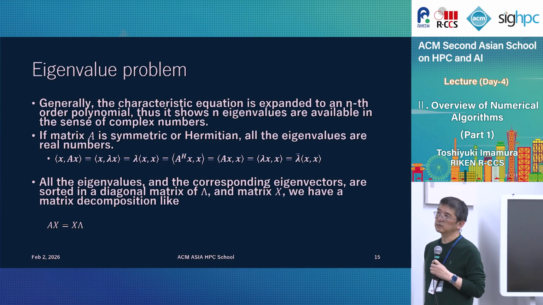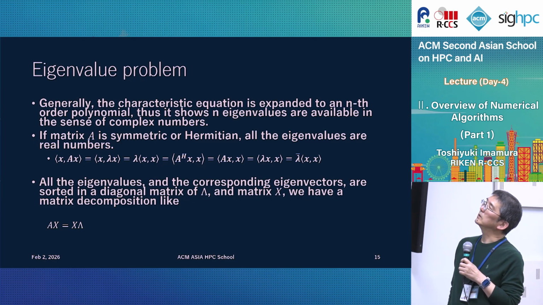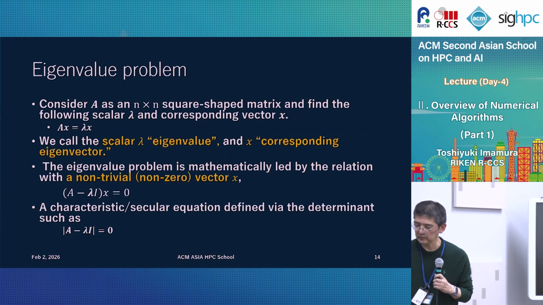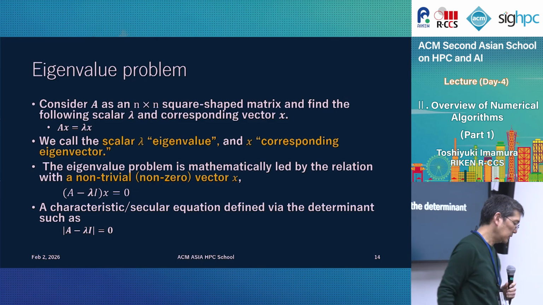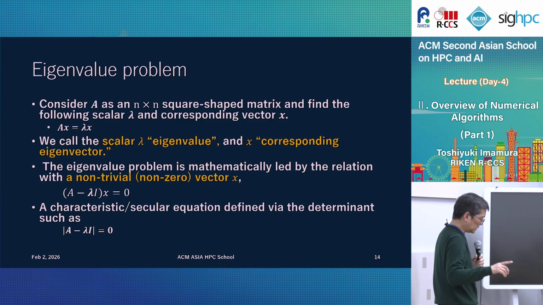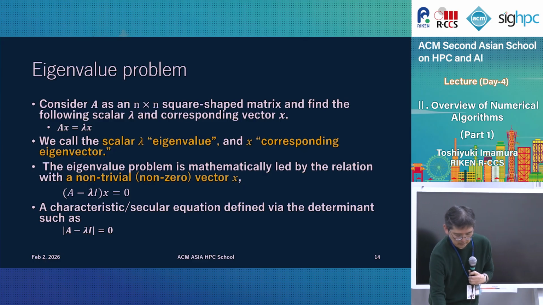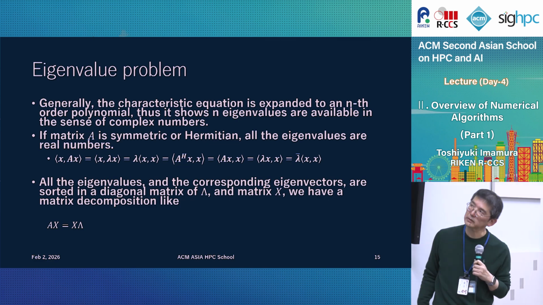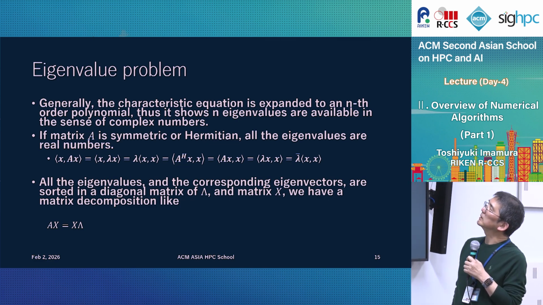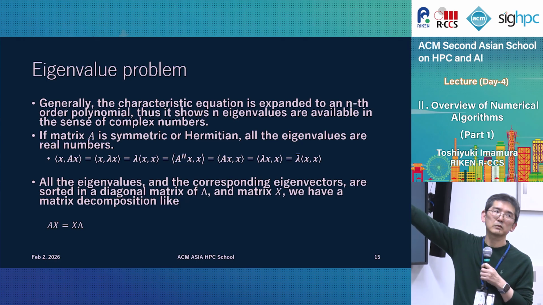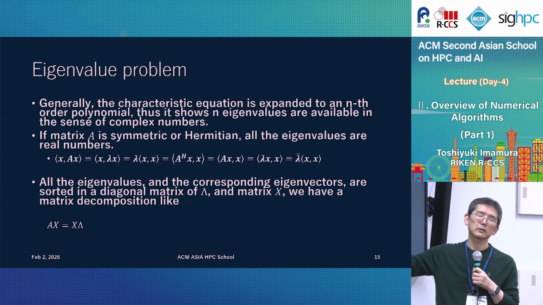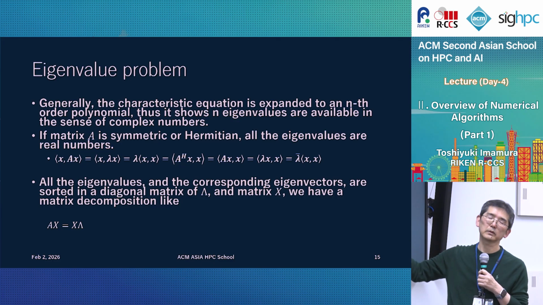Generally, for the last equation, the determinant can be expanded from the matrix formula into a very simple polynomial form, an nth order polynomial. For a second order polynomial, we have two roots.